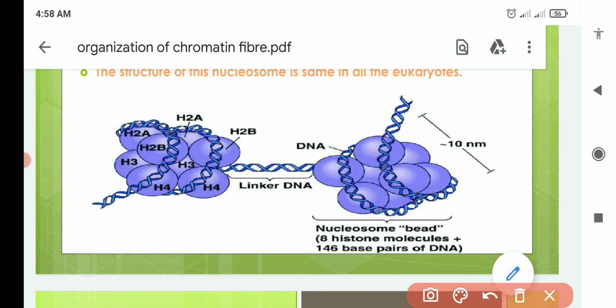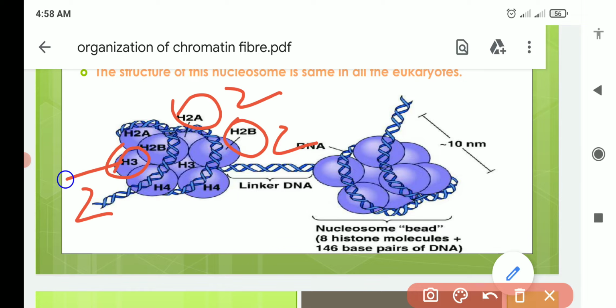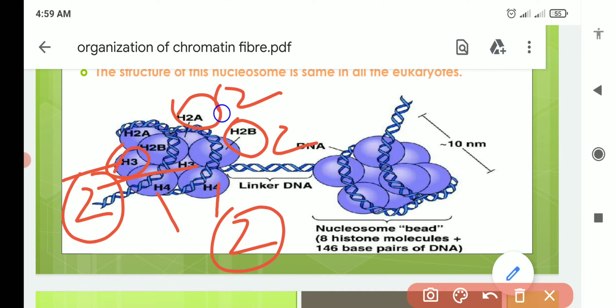Octamer means having 8 molecules of these histone proteins, made of 2 molecules of each. H2A will be present in 2 molecules, H2B in 2 molecules, H3 and H4 also in 2 molecules each. So a total of 8 histone molecules will be present.